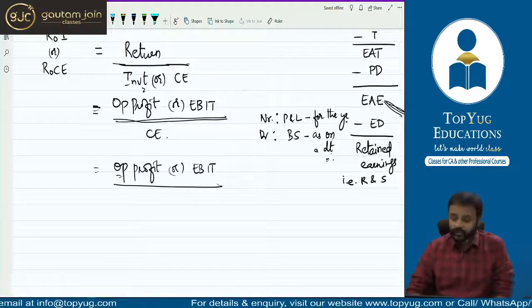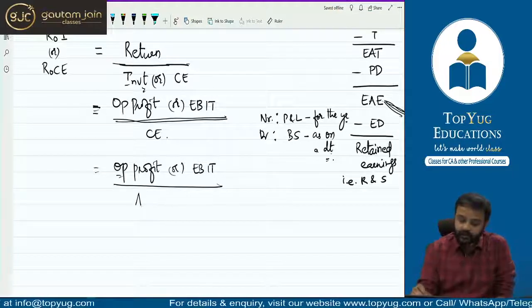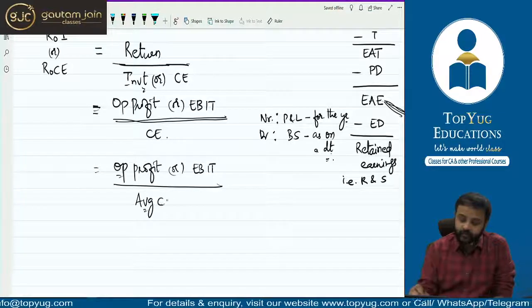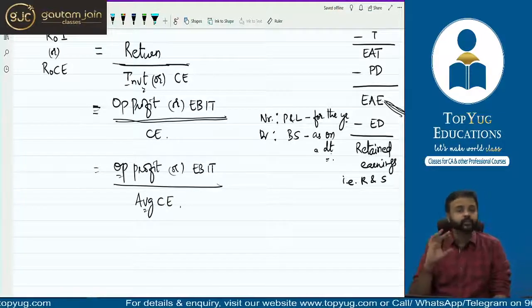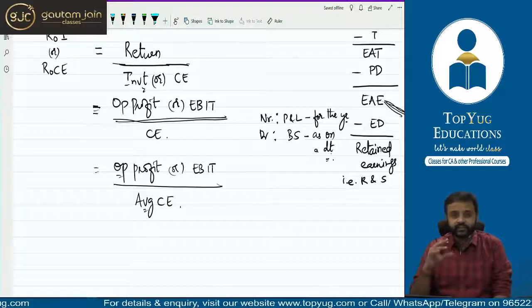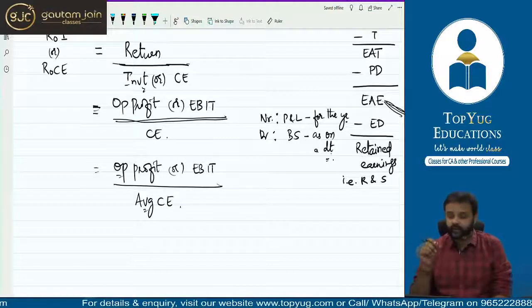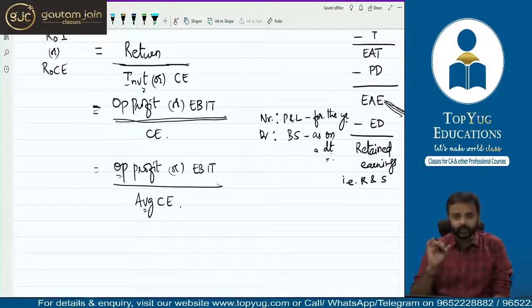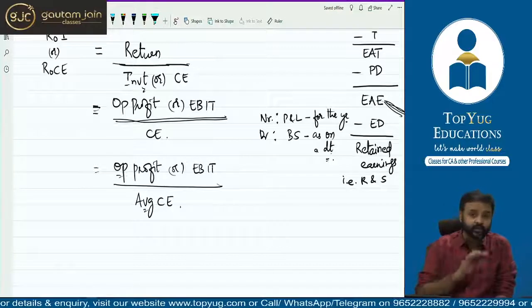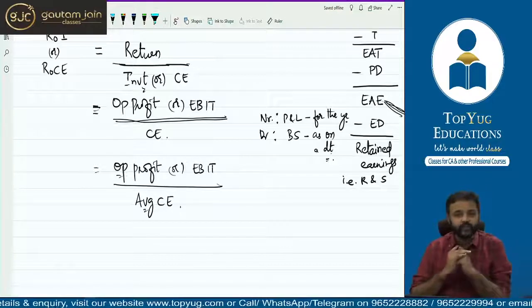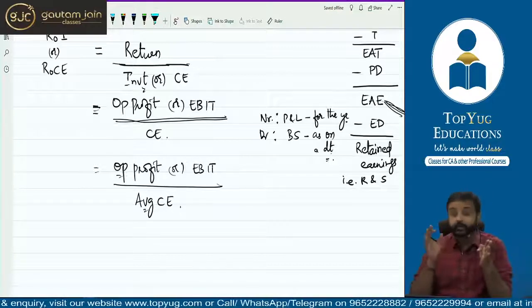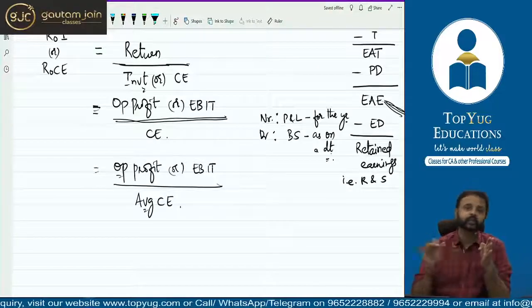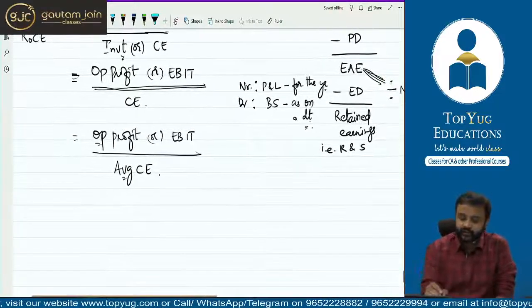So or EBIT divided by, we will take what? Average capital employed. We can't change the profit as on a date, right? We cannot write that. Profit is for a particular period, but capital employed, when we say capital employed, that's on a particular date. We can change it to average capital employed. How do we arrive at average capital employed? Opening capital employed plus closing capital employed divided by 2. Correct? How do we get this average capital employed?